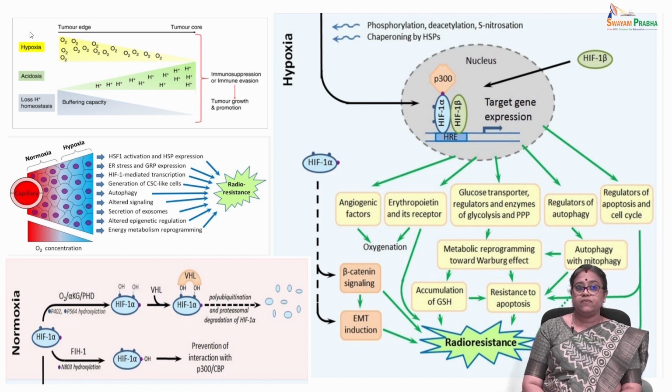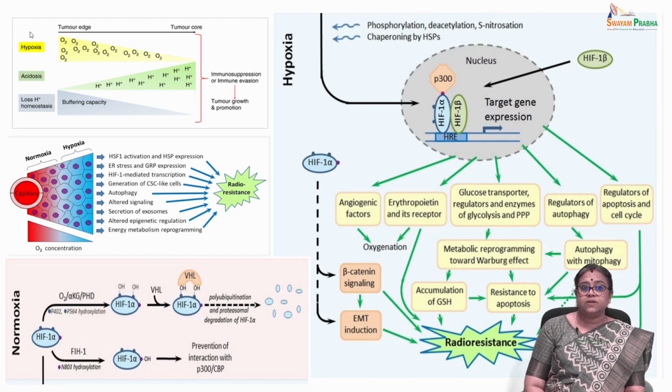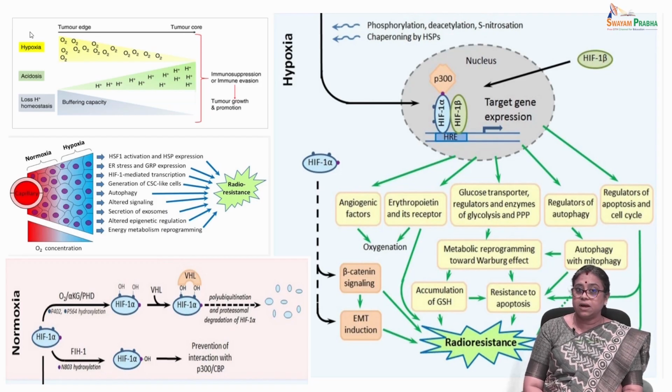When there is a shift from normoxia to hypoxia, a lot of metabolic reprogramming happens within the cell. There is heat shock protein activation. There is a lot of endoplasmic reticulum related stress and GRP expression induced by hypoxia.